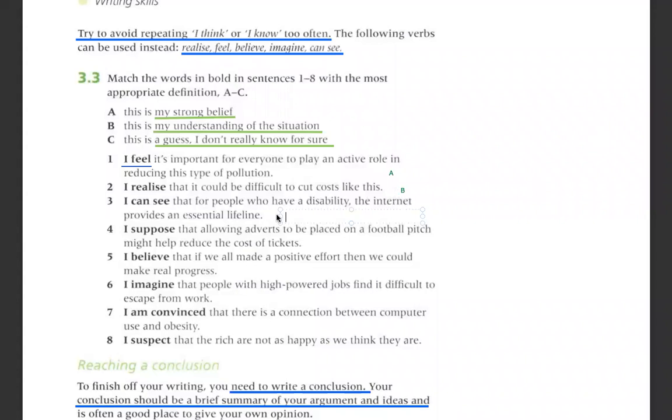Number 3. Great, B as well. This is an understanding. Number 4, I suppose.